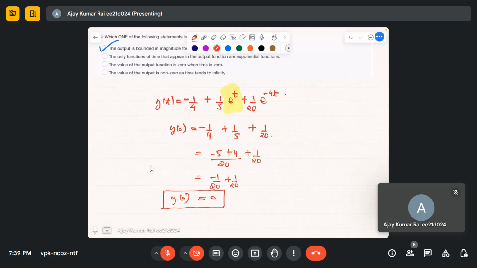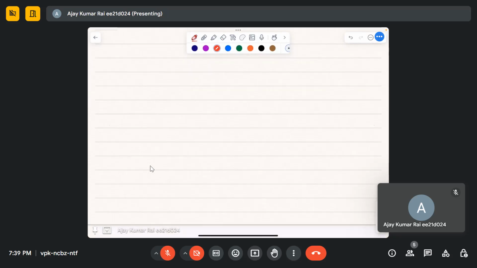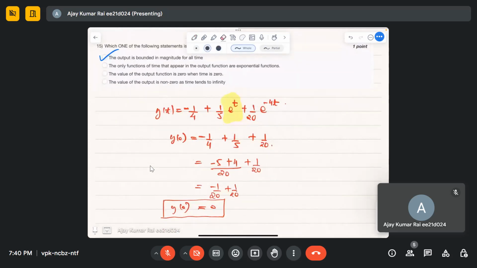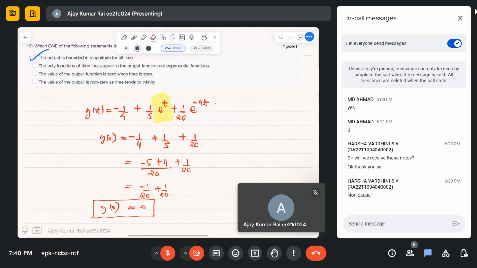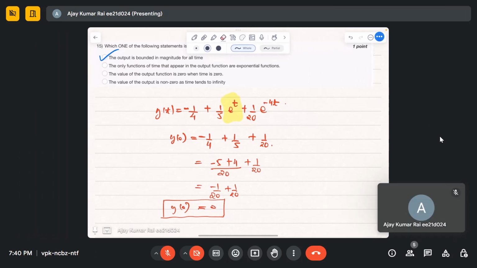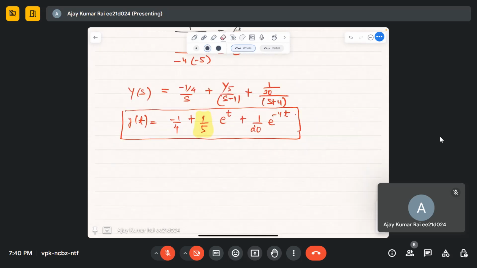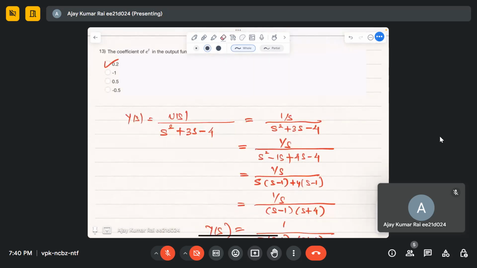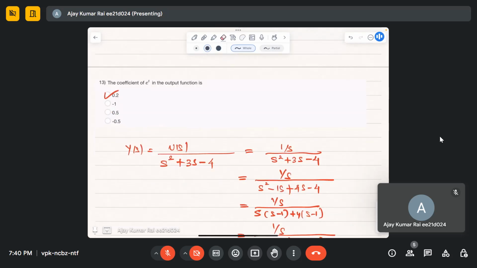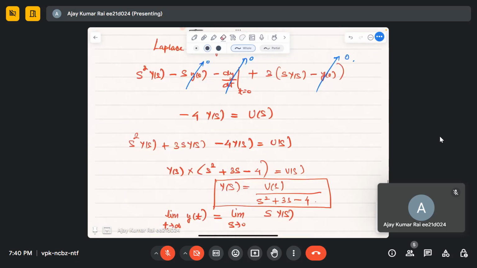So any question in this? I think, yeah, these are the questions. Any question? Whatever I have solved here, I don't know whether for you the questions are the same or different because I have not looked at those.